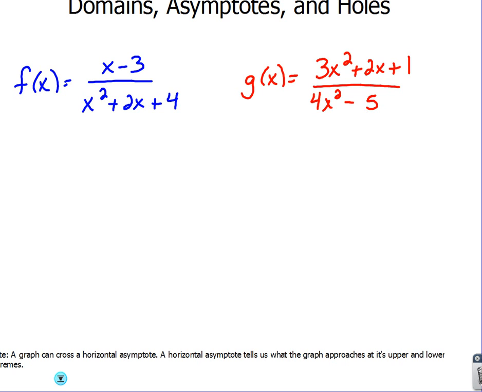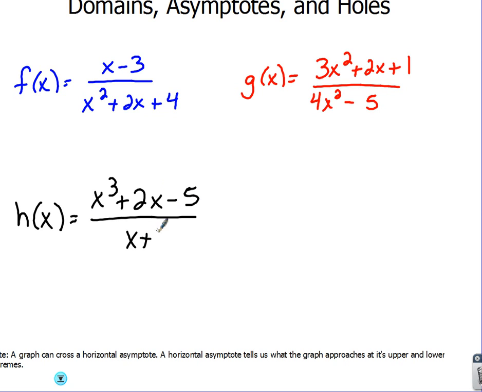And h of x equals (x to the third plus 2x minus 5) over (x plus 2). Three scenarios. Your horizontal asymptote all depends on the degree of your numerator and denominator.